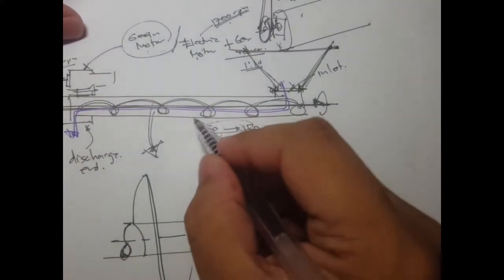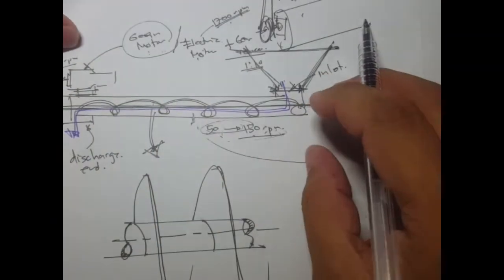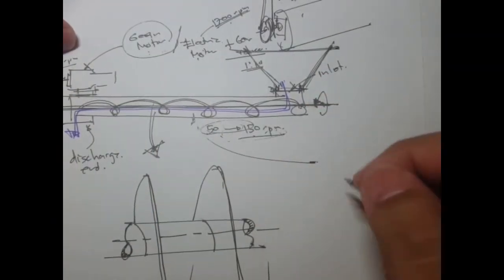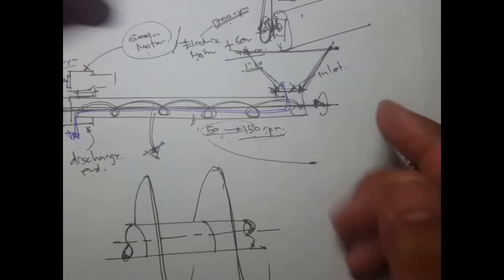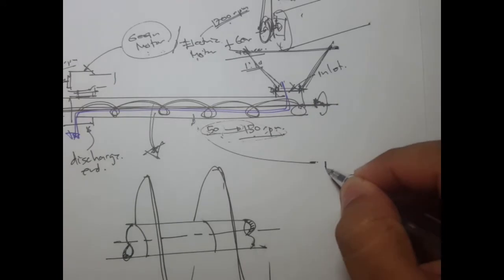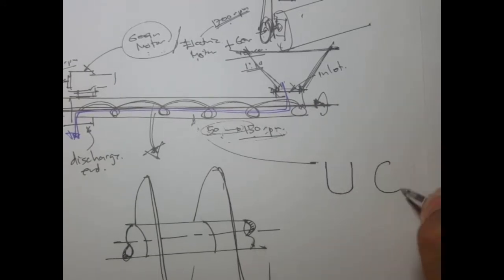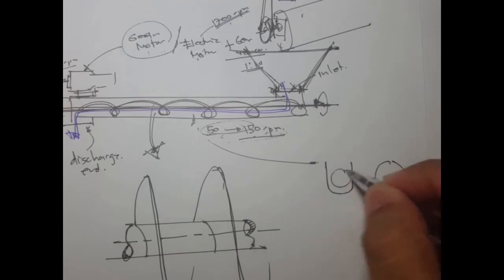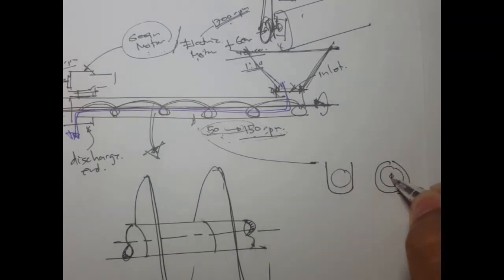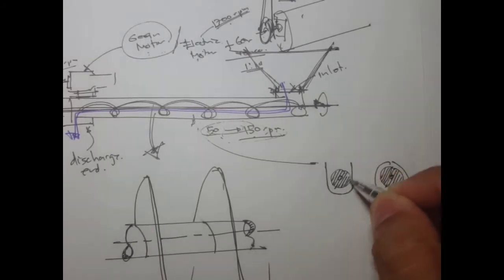Okay, what else? We have this enclosure, or a casing, that encloses this screw. This casing can be a U trough, meaning shaped like a letter U, or it can be cylindrical. For example, this is our screw, the shaded circle here.